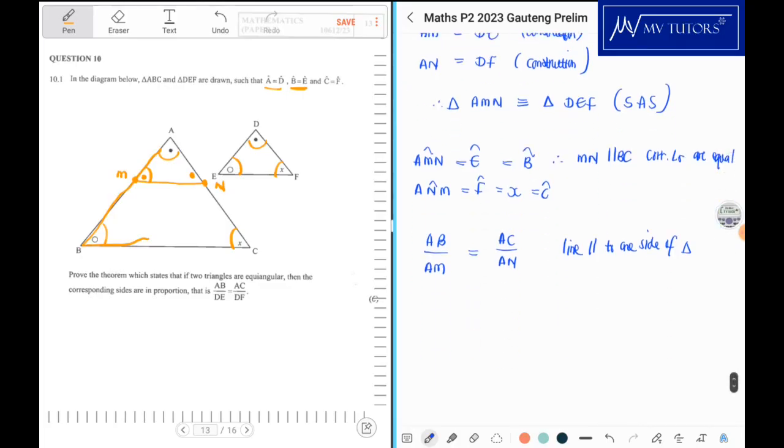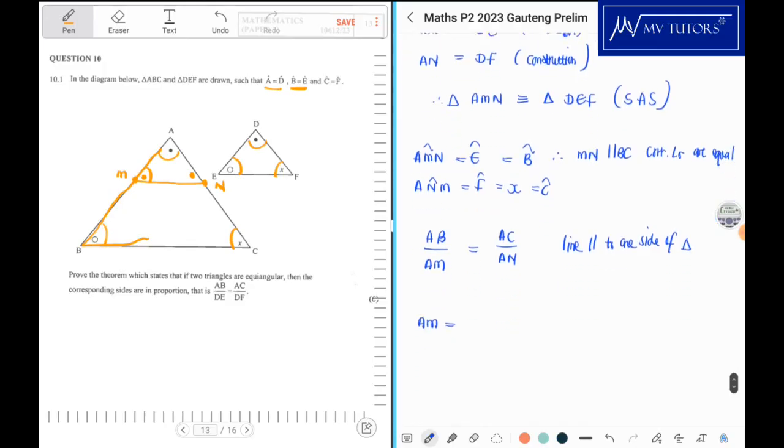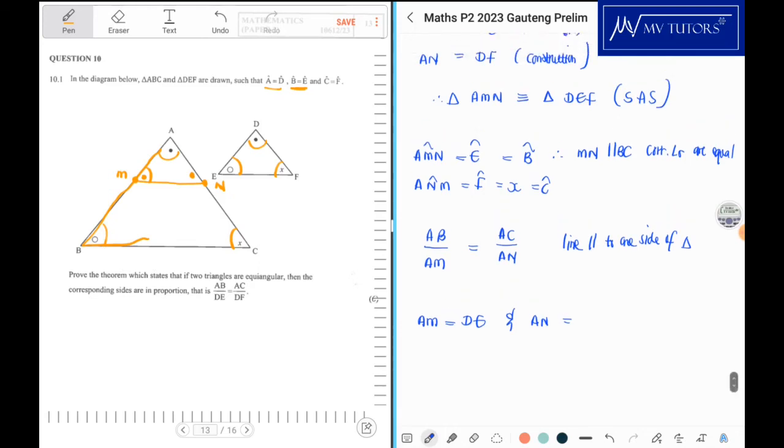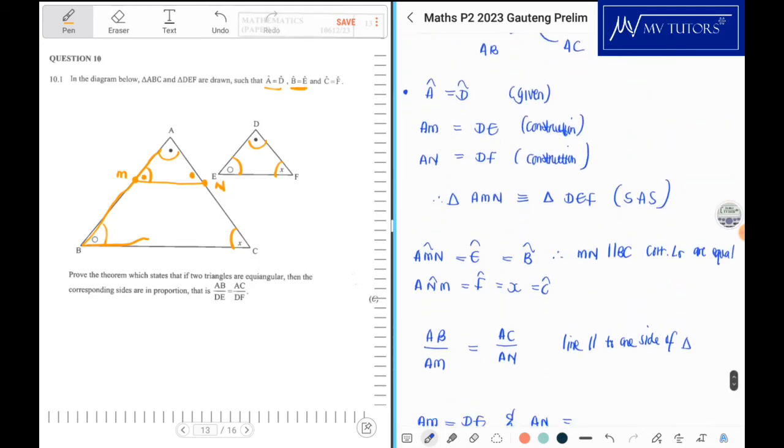And now we've also shown here that AM is equal to DE, remember? Because of the construction. So AM is equal to DE, and we can also say AN is equal to DF.